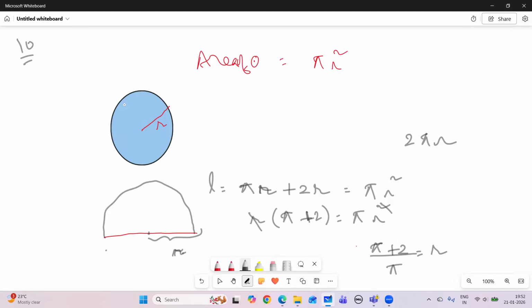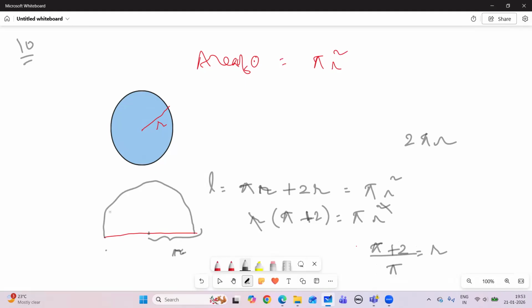You are given a circle of radius r and its area is pi r square, and it is equal to the perimeter of a semicircular disk of the same radius. A semicircular disk of the same radius will have a perimeter of how much?